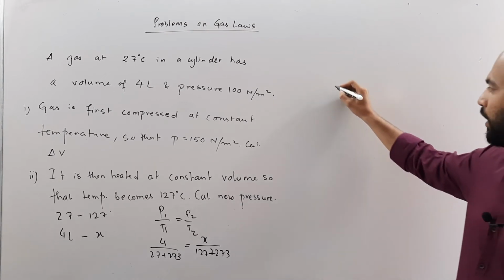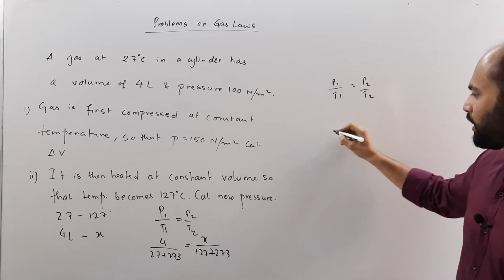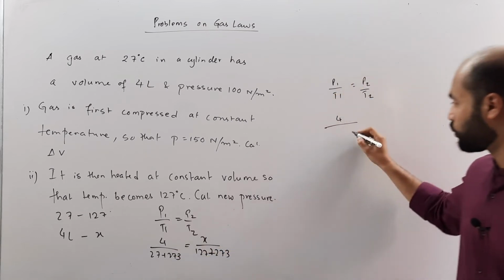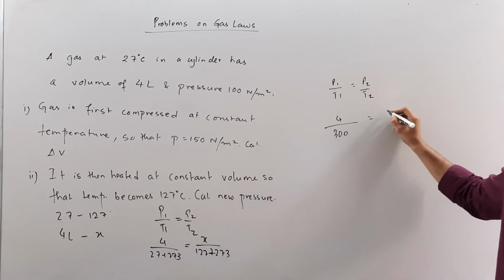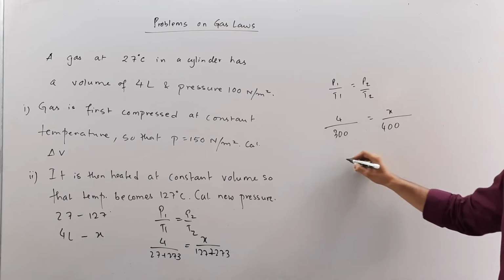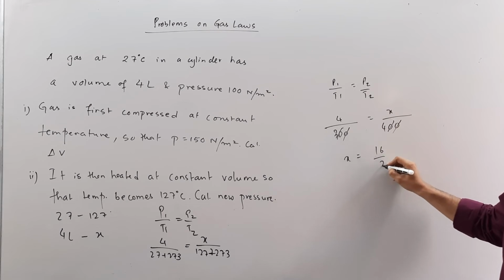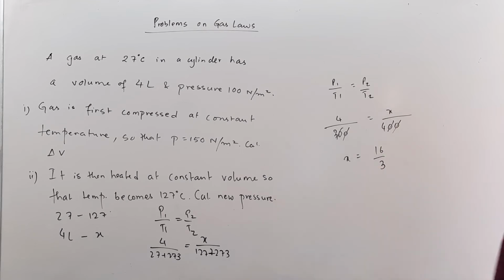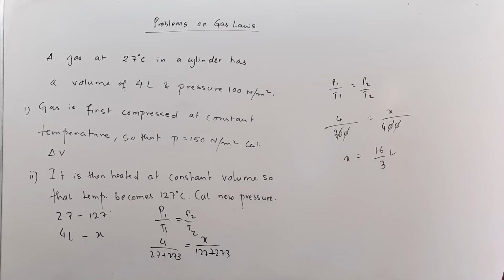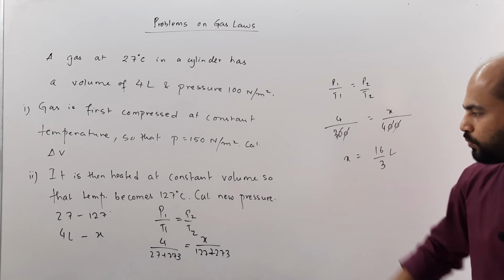So the equation that we have now is P1 by T1 is P2 by T2. Let me just rewrite it over here. 4 by 27 plus 273 comes to 300 Kelvin, and this would be x by 400. So overall what we get is 16 by 3. So x, oh, this is at constant volume.